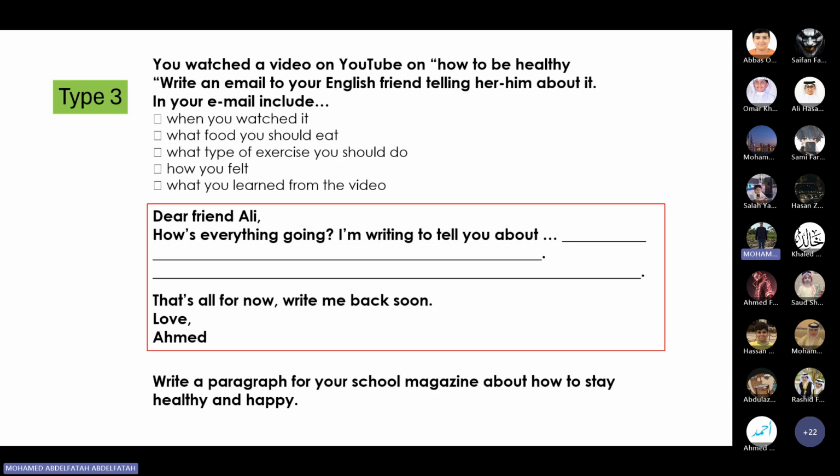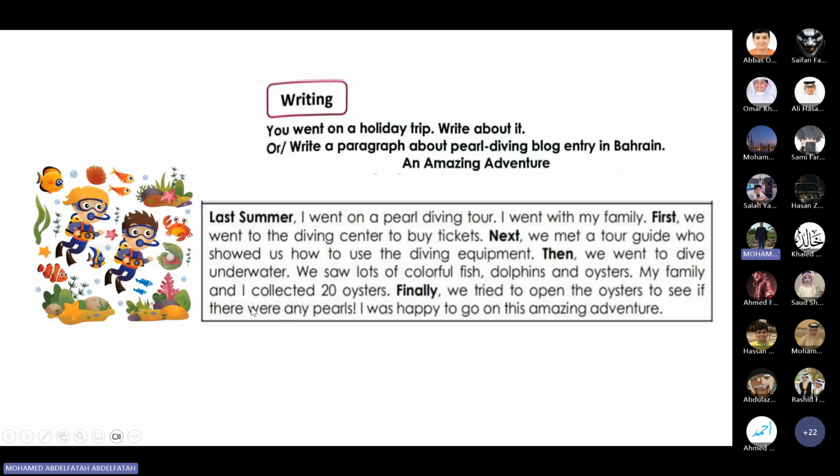So, here, students, we have got the models that you studied in the second semester. Model number 1 about a holiday trip. The title of the question is, you went on a holiday trip. Write about it. You have to write about your trip and what happened there.